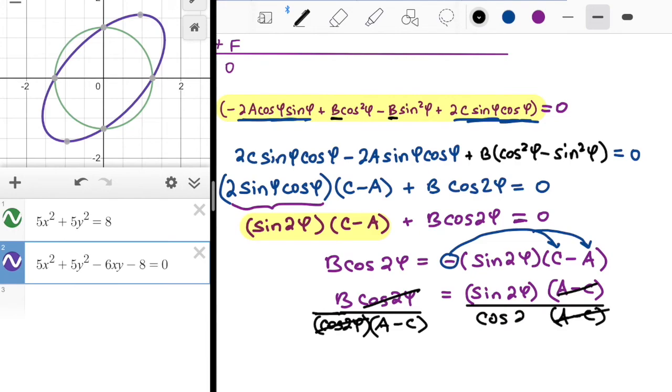It'll cancel here. And so we get this nice little ratio, which, sine over cosine is equal to tangent. Tangent of 2 phi would be equal to B over A minus C.